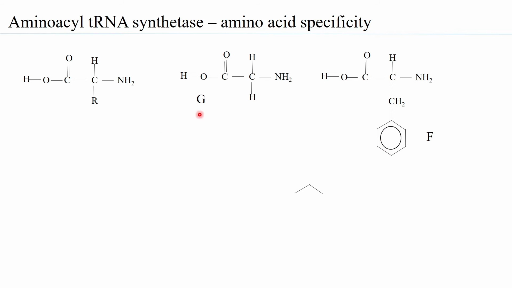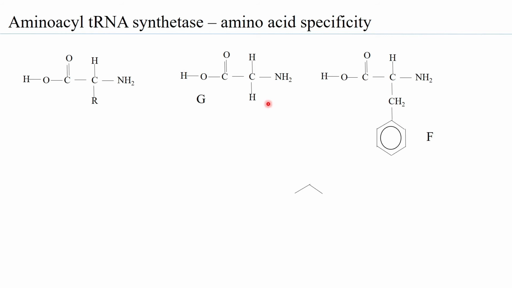So a glycyl tRNA synthetase can definitely be able to accommodate glycine but not accommodate phenylalanine because of the difference in the structure. Similarly, phenylalanine tRNA synthetase can accommodate phenylalanine because of its specific interaction with the aromatic ring, but would not be able to interact with glycine because it does not have an R group at all.